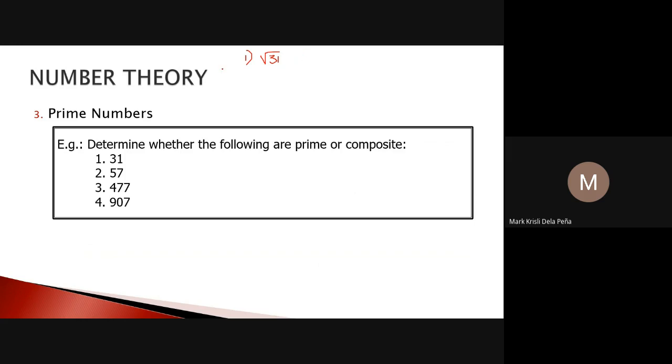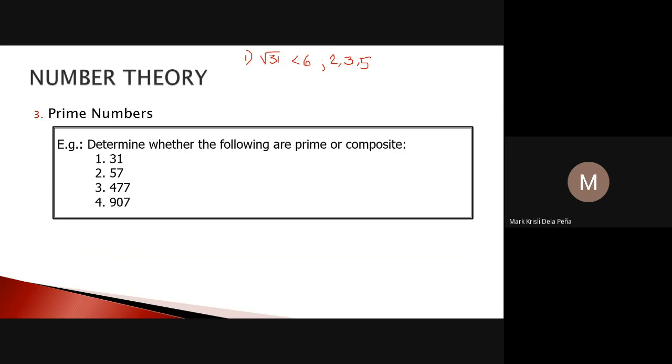If we count, 1 squared is 1, 2 squared is 4, 3 squared is 9, 4 squared is 16, 5 squared is 25, 6 squared is 36, which means the square root should be less than 6, since 6 squared is greater than 31. So what are the prime numbers less than 6? Of course, we will not include 1 since any number can be divided by 1. So we'll have 2, 3, and 5. 4 is a composite number, that is 2 times 2.